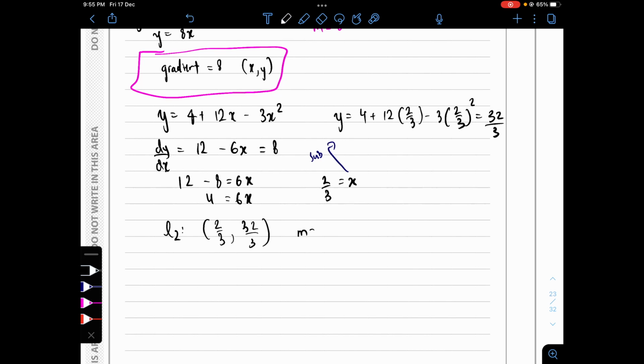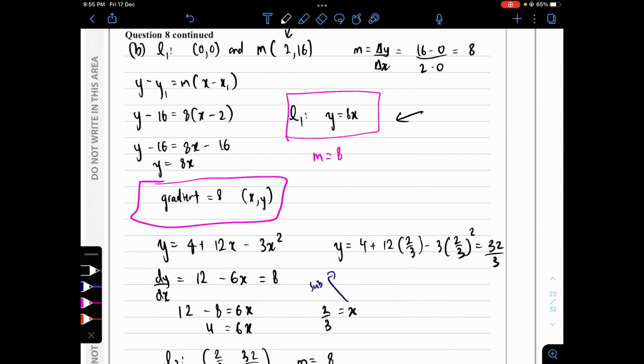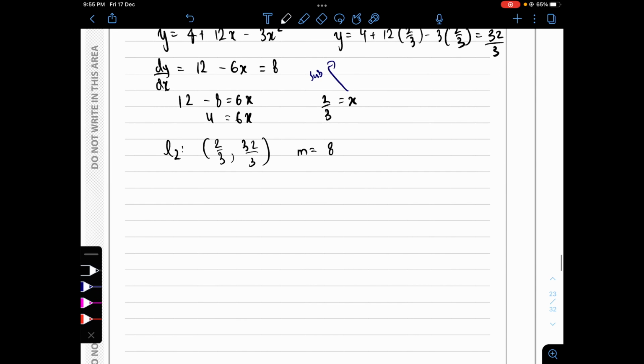And we know the gradient is 8 because it's parallel to L1. So the gradient of L2, this tangent line, will also be 8.